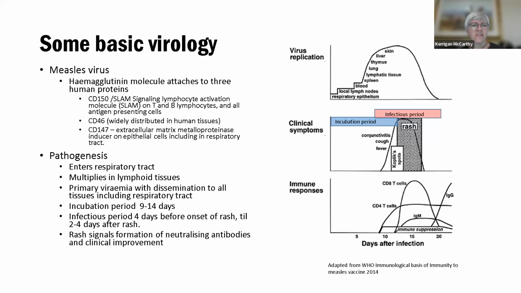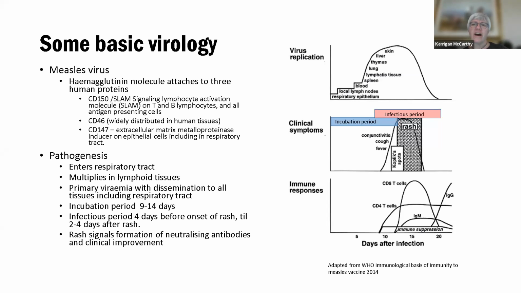These are molecules that are distributed widely in human tissues, but particularly on the respiratory tract epithelial cells. However, once it has invaded, it then attaches and moves from cell to cell using a receptor called CD150. And this allows for the rapid dissemination through tissues in the body once it's entered.